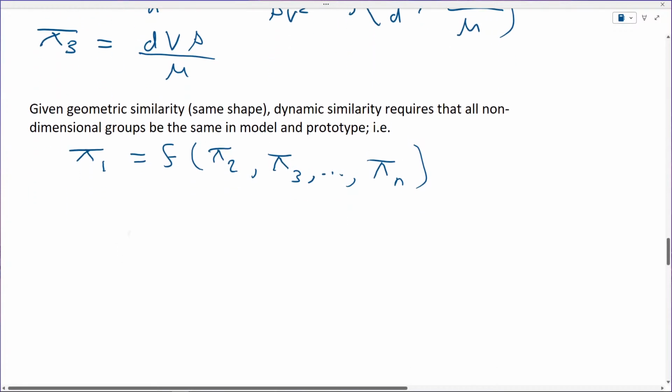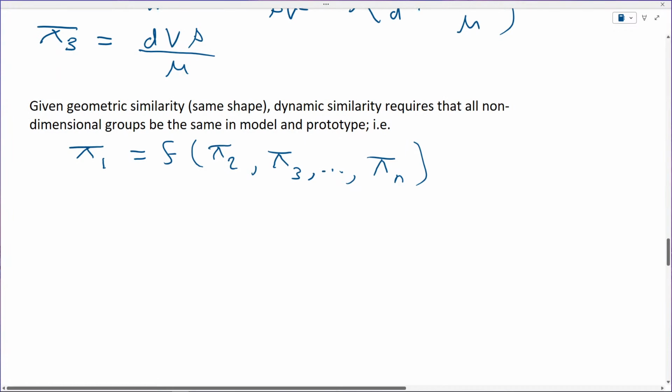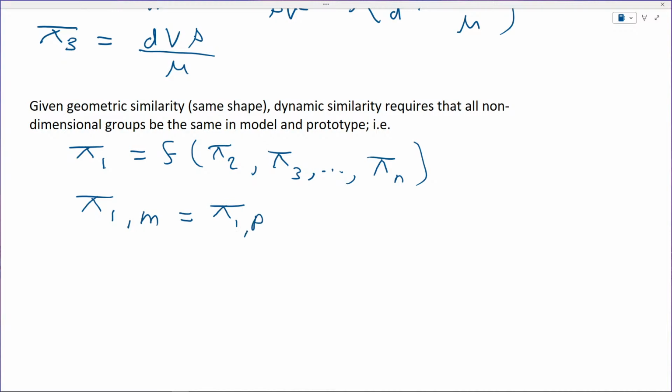Basically, the laws of similarity say if pi 1 model is equal to pi 1 prototype, then pi 2 model is equal to pi 2 prototype, and pi 3 model would be equal to pi 3 prototype.